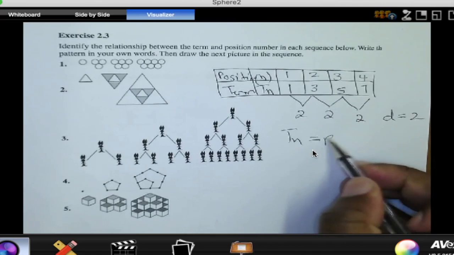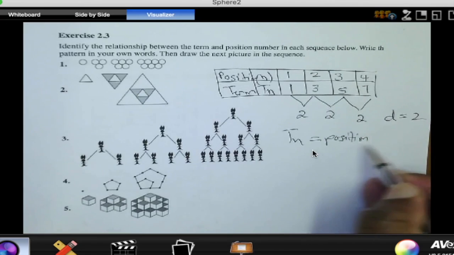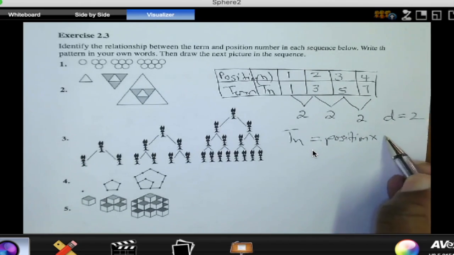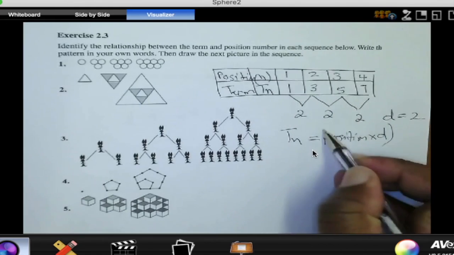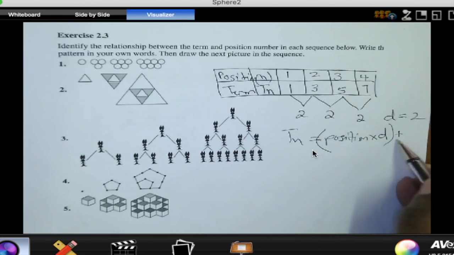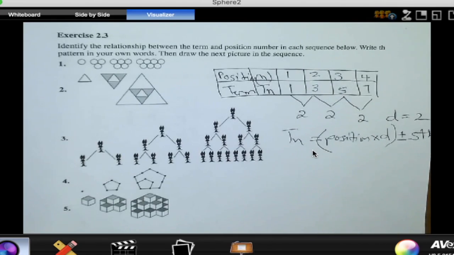We take the position and we times it by the constant difference, we'll call it D, okay? And then obviously we need to add or subtract something. It all depends what happens after that.